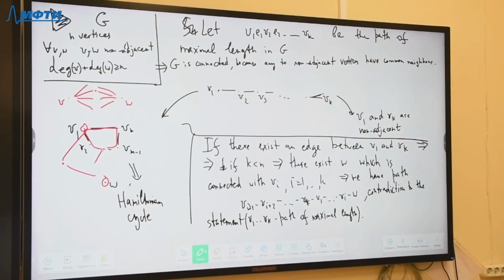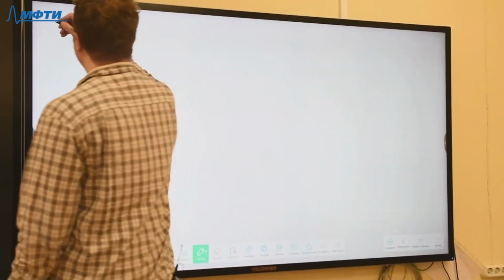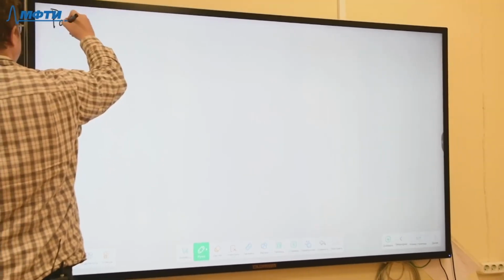So now we just need to look at the situation where there are non-adjacent vertices. Okay, part 2.